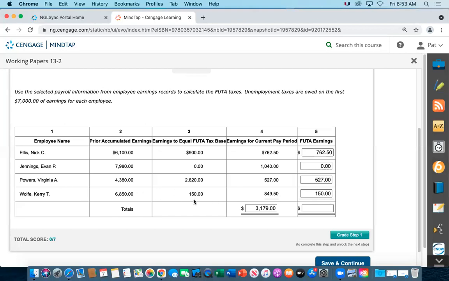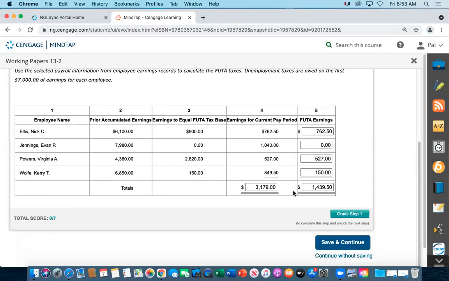How much money is it until 7,000 for this employee? 150. So then we add these three numbers up and we get 1,439.50. And this number is what we will put through for the federal unemployment and state unemployment.